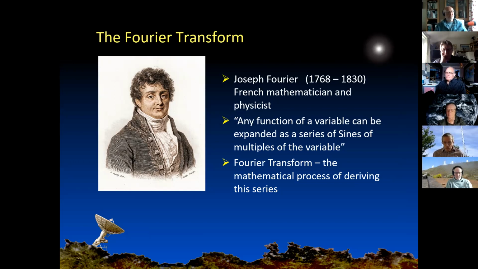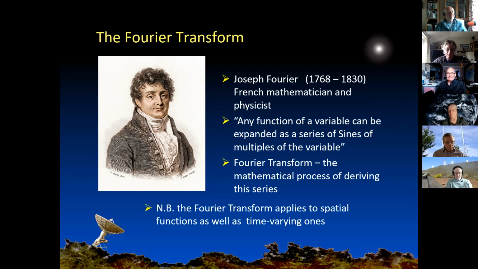The end result of doing a Fourier Transform is, believe it or not, a Fourier Transform. So you get a Fourier Transform from a Fourier Transform. It's all very simple. An interesting point is that the principle applies to spatial functions as well as time-varying ones. We're going to be talking time-varying stuff here, but the same principle applies to an image.